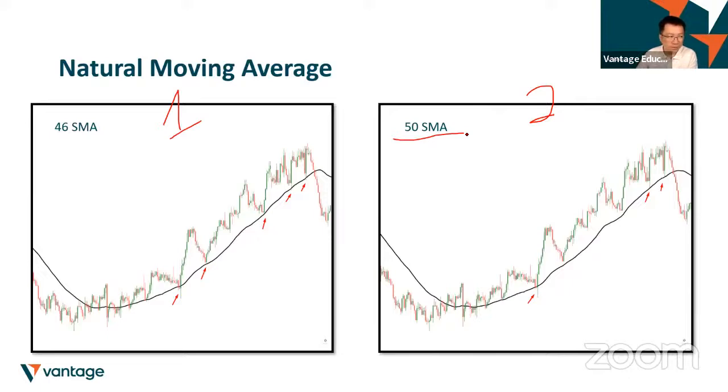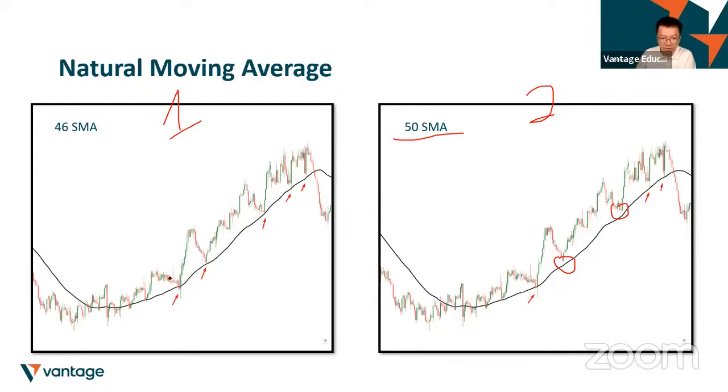But what we have actually done is we've tweaked it. We've looked at the 50. We've considered that price does miss that moving average a little bit. It does come down, it comes close, but it misses that moving average a little bit. What we actually found as a stronger indicator was when we tweaked the simple moving average, SMA, to a 46.